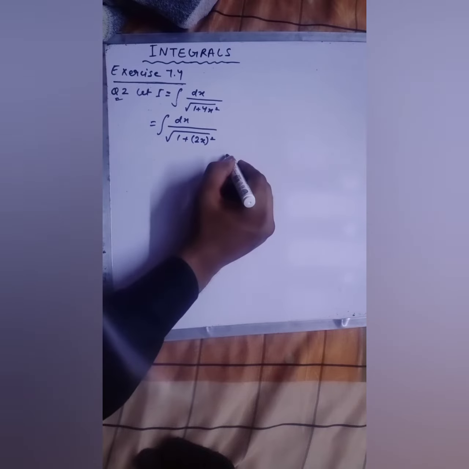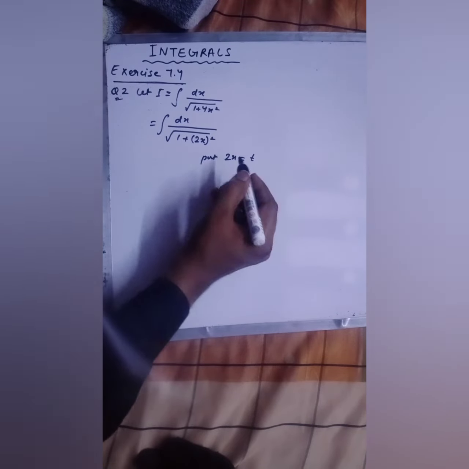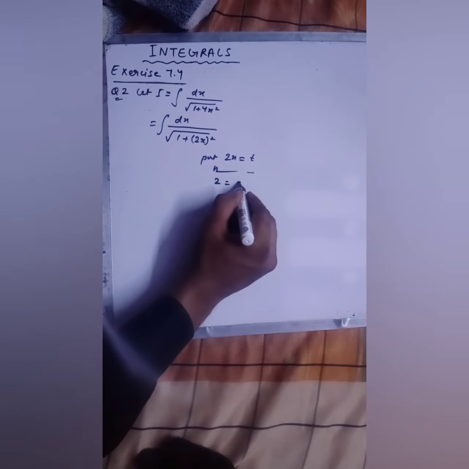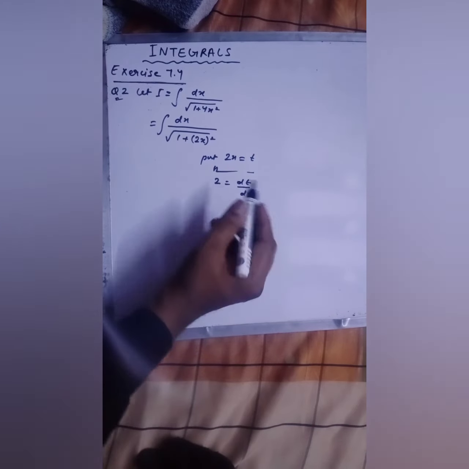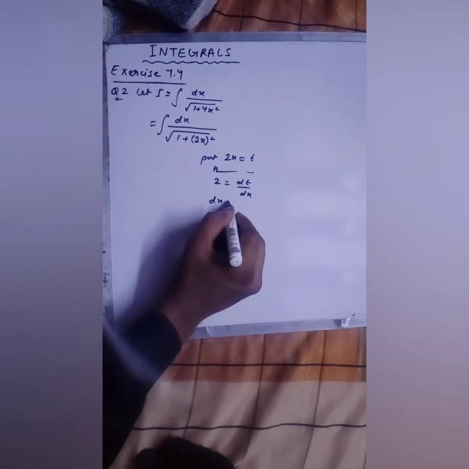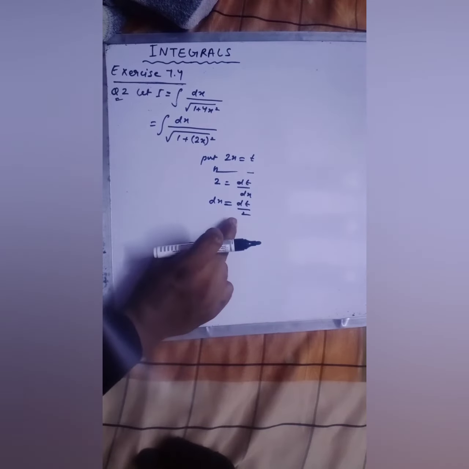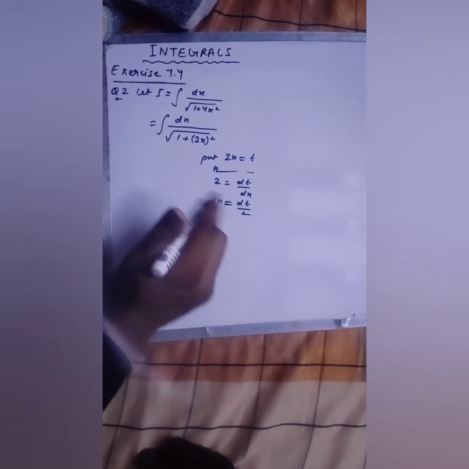I'm assuming that 2x is equal to t. We are differentiating both sides with respect to x. So here you will get 2 equal to dt by dx, because the derivative of 2x is 2. So dx is equal to dt by 2. In place of dx you have to put this dt by 2.